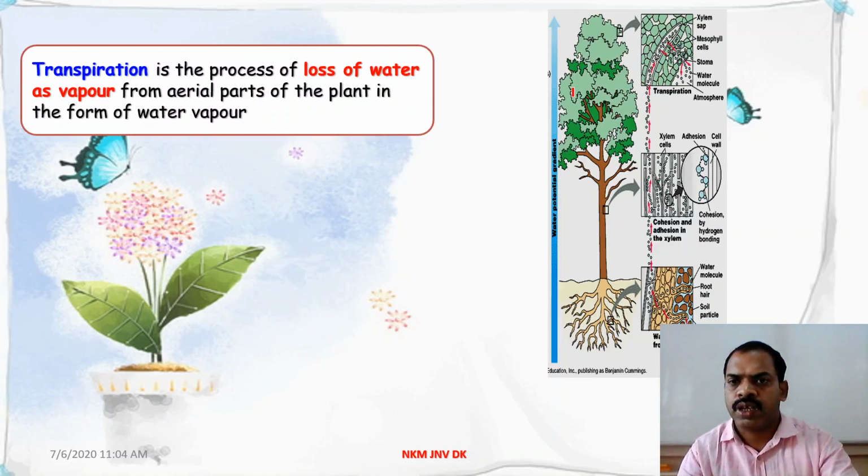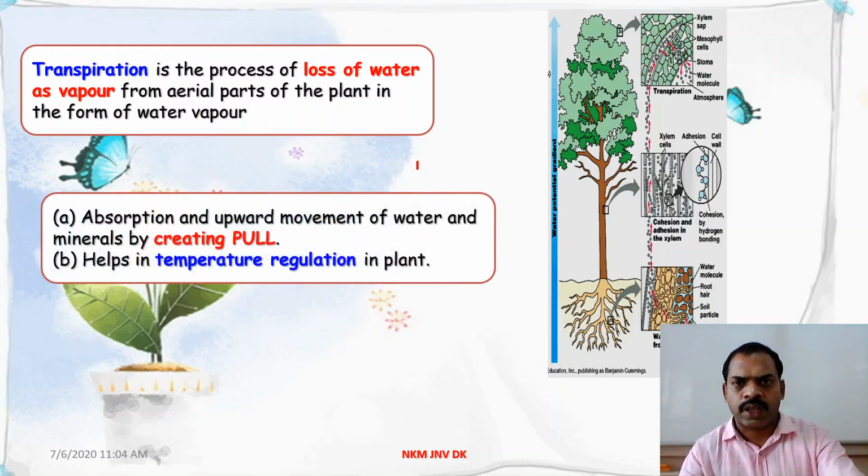Through the stomata it is losing. Similarly, the same thing is shown here. Water from the soil is taken by osmosis. Cohesive adhesive forces in the xylem bring the water up from the root to the leaf xylem, and it goes out through the stomata.